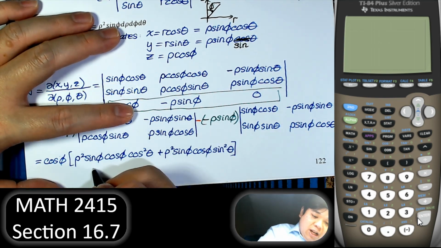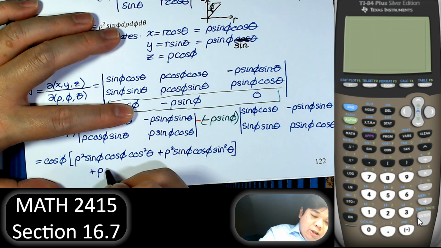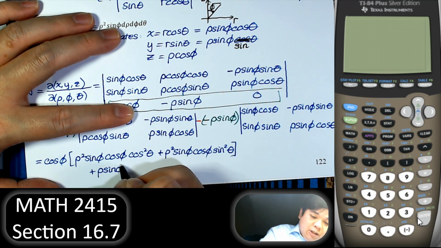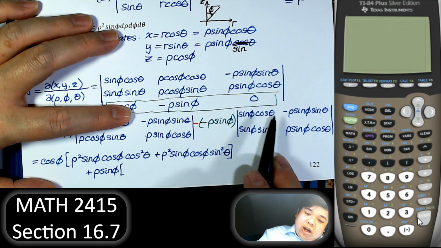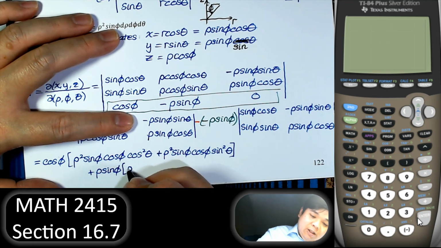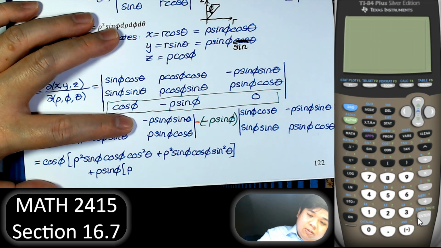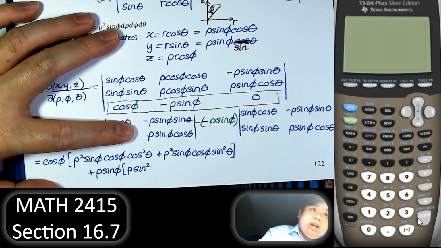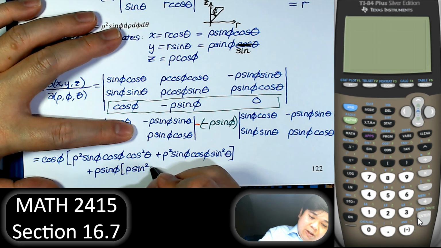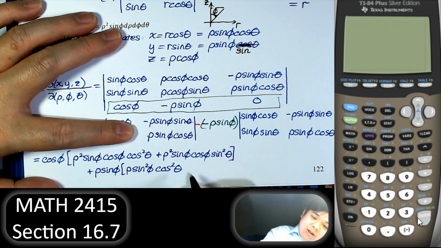Then minus minus, that's a plus rho sine phi and multiply this by cosine square theta, sine square phi, and cosine square theta.